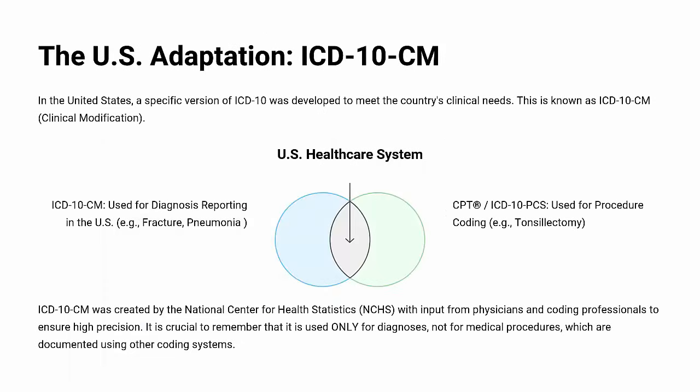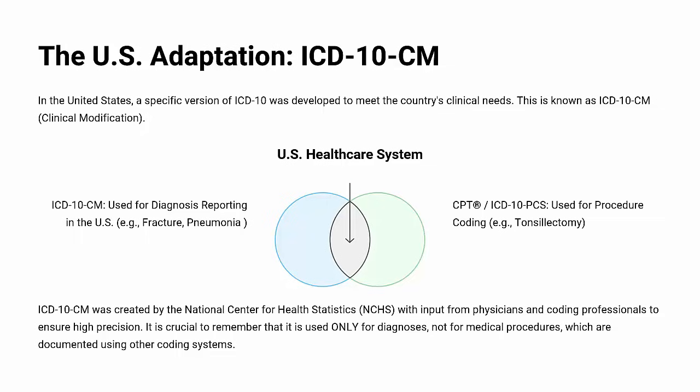It's important, as you can see from the information on the screen. The U.S. adaptation, ICD-10-CM. In the United States, we have our own specific version of ICD-10. It was developed to meet the country's clinical needs. It is known as ICD-10-CM, which CM stands for clinical modification. So for the U.S., we have ICD-10-CM, which is used for diagnosis reporting.